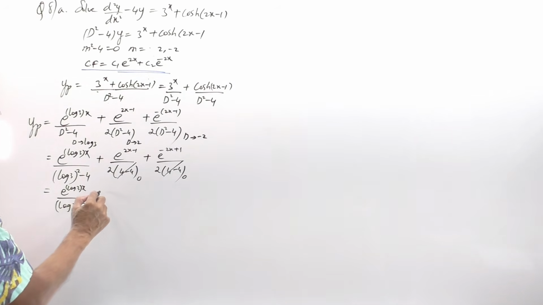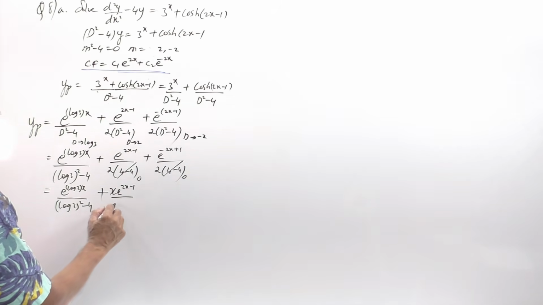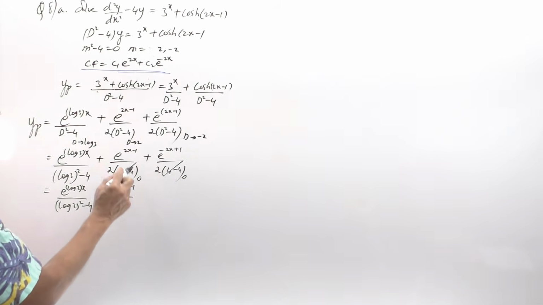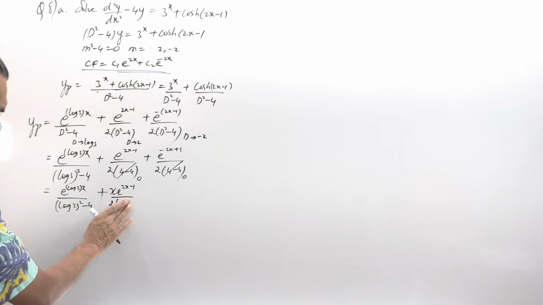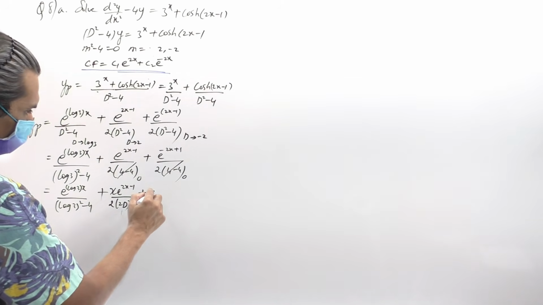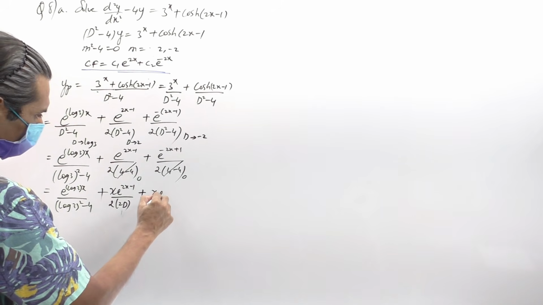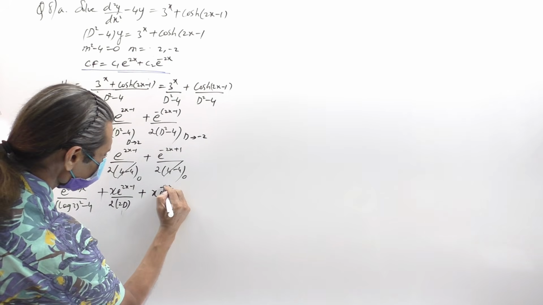But here if the denominator is 0, then we multiply numerator by x upon differentiate denominator. So 2 into, don't forget it's 2, differentiate D square, is 2D. Okay, differentiate D square is what? 2D.